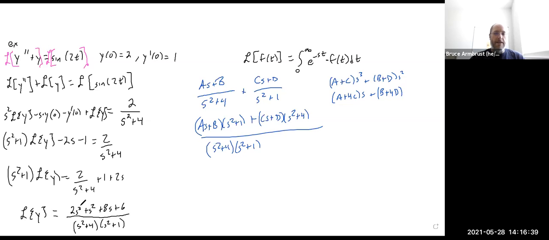So now I can create a system of equations. Coming back to this, a plus c has to equal 2, because it was 2s cubed. b plus d has to equal 1, because it's 1 s squared. a plus 4c has to equal 8, and b plus 4d has to equal 6. All right, so now we get to solve.